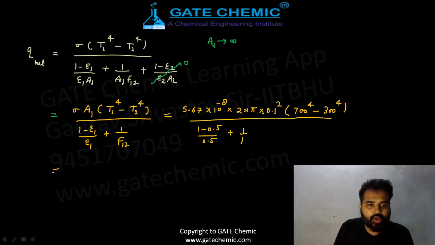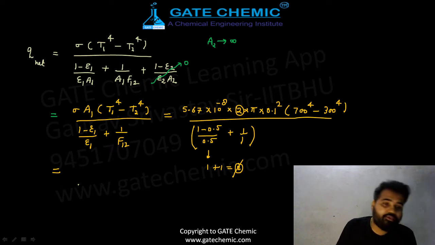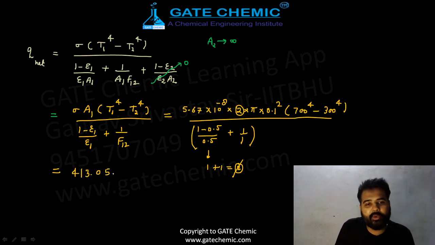Now you can see, beta, this denominator term 1 minus 0.5 will give you 0.5, and 0.5 by 0.5 will give you 1, and this 1 plus 1 will give you 2, that means 2 is in the denominator. You can cancel this 2 with this 2, and after solving you will get 413.05. Please confirm, beta, everyone.